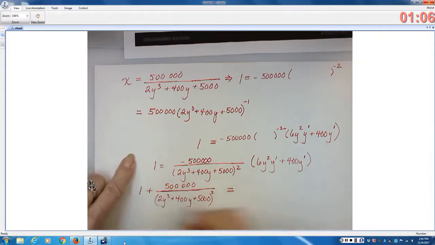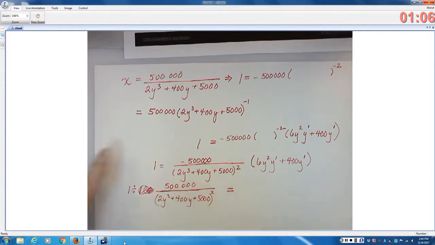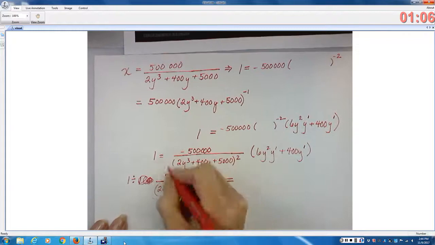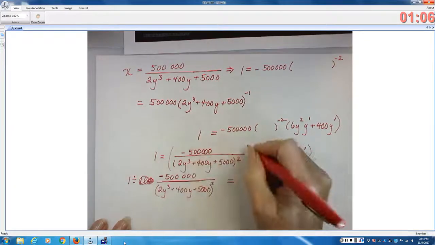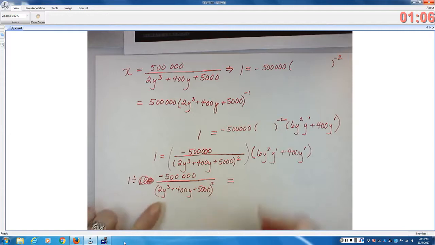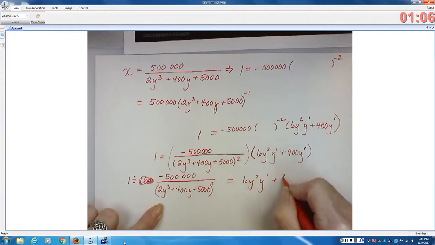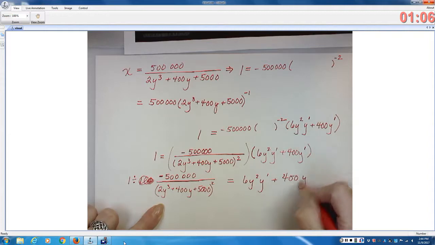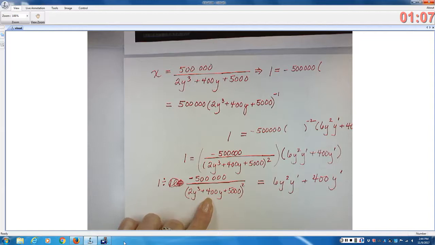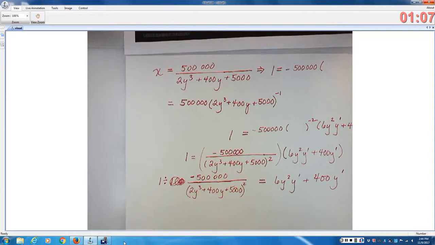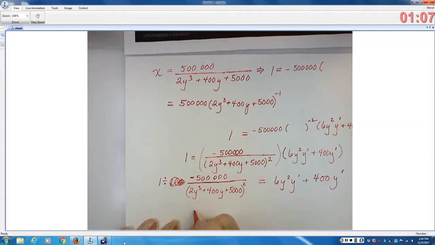That's going to be 1 divided by, not plus, because this is a product. Now, since this is 1 divided by that, it's the same thing as 1 multiplied by the reciprocal of that. So flip it upside down.